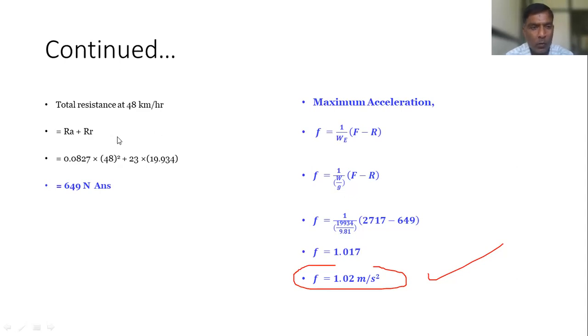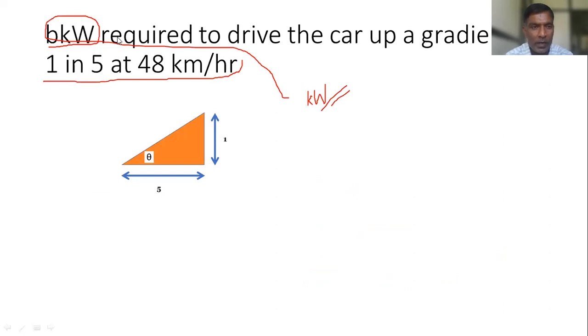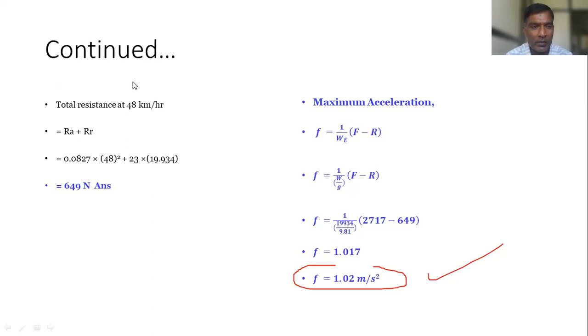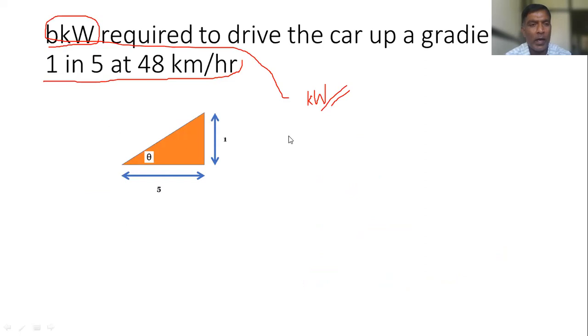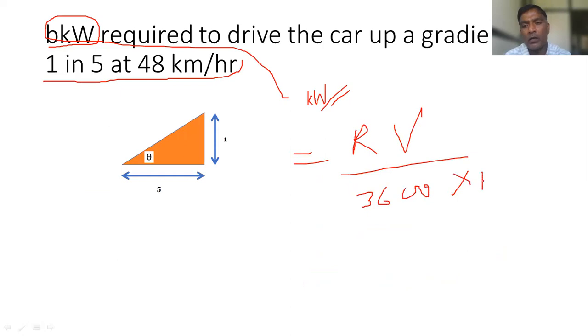Now, when this gradient is given 1 in 5, in that case, if this is the resistance Ra plus Rr, here we are going to write Rg, that is the grade resistance, and that we are going to calculate, and that we are going to put the value for this R. Here all these things are same.